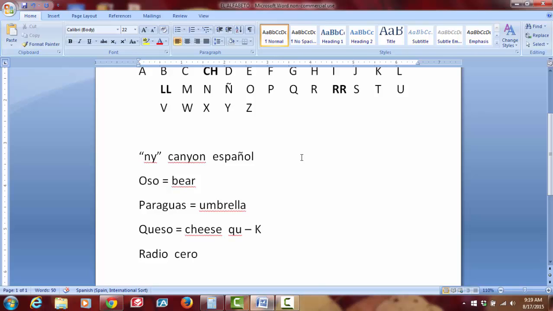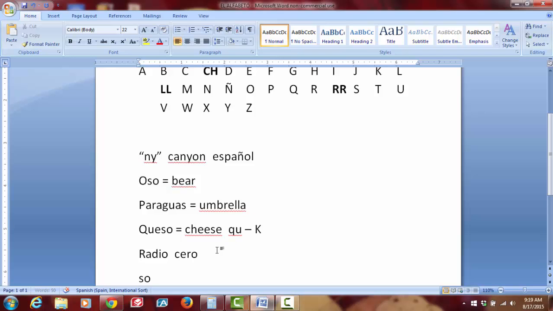Again, we're going to practice with these two sounds in class. At the beginning of a word, R gets trilled, radio, and in between two vowels, cero. The double R, again, that's a sound. When you see that, it's that trill.